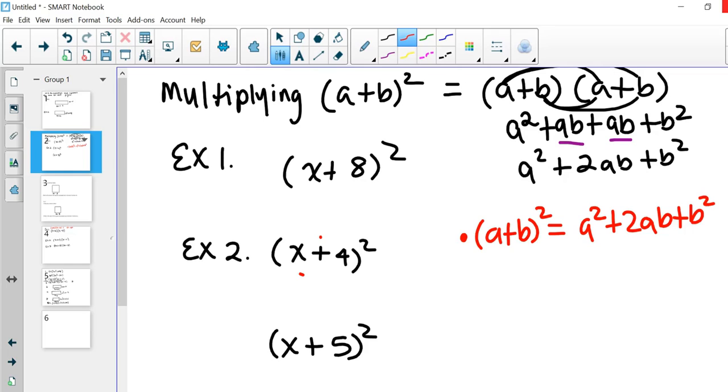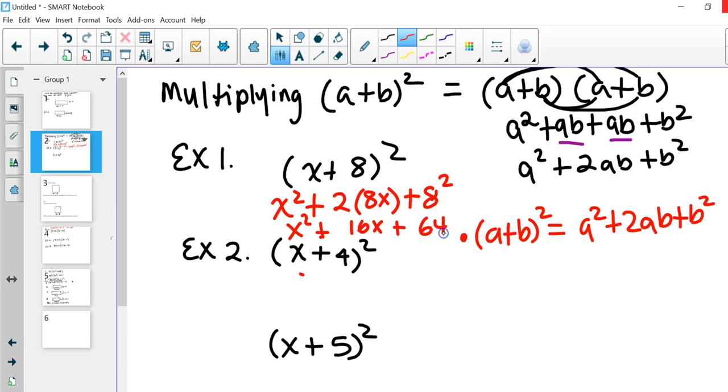Alright, so for example 1, if we had (x + 8) squared, that would mean it will be my first term squared, x squared, plus 2 times 8x plus 8 squared. So it will be x squared plus double of 8x, which is 16x, plus 8 squared, which is 64.